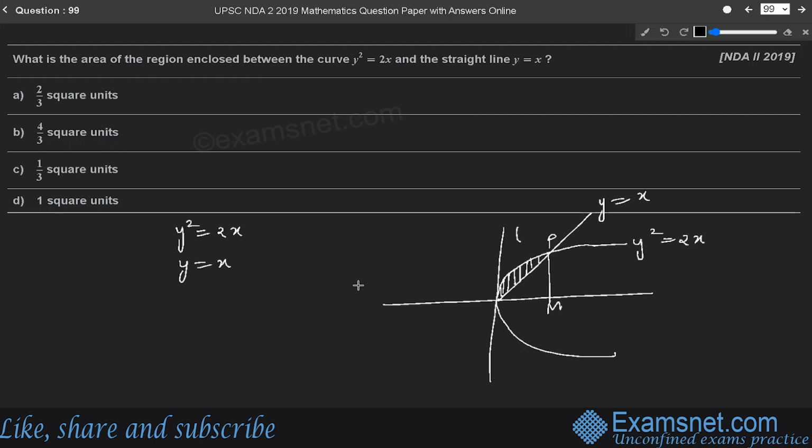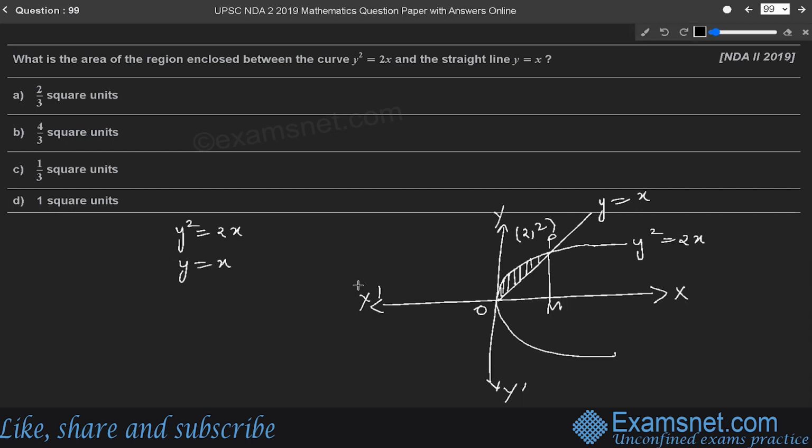We know that the point will be (2, 2) and this is x-axis, y-axis, x dash and y dash, and this is O. Now, equation 1 is an equation of a parabola in standard form, and the equation y is equal to x is a straight line passing through the origin having slope 1.